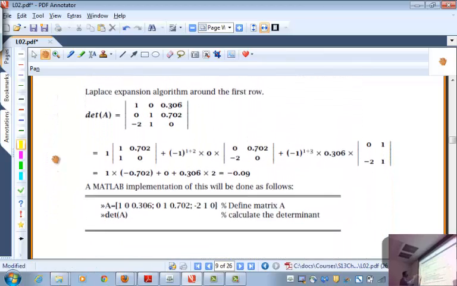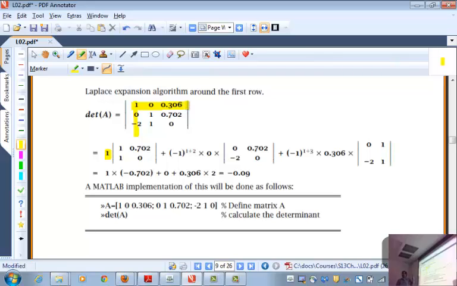Here is just an example of the Laplace expansion. So you have a 3 by 3 matrix. You take, for example, 1 here and multiply it by what is left after crossing that out. And then you do the same thing for the second term, which is 0, multiplied by what is left, which is 0.702, etc. And the third term, 0.306, multiplied by what is left.